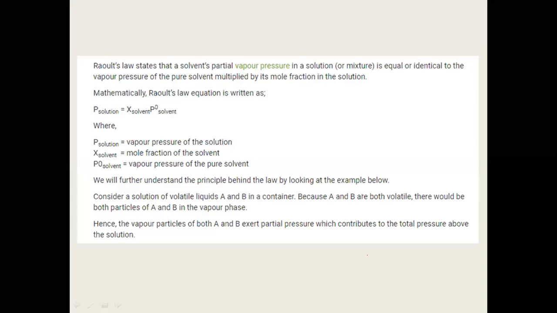It is better if I say mole fraction of the component, not solvent or solute. And what is P naught? It is the vapor pressure of the pure component. So how can I write Raoult's Law? Vapor pressure of solution is equal to mole fraction into vapor pressure of pure component.